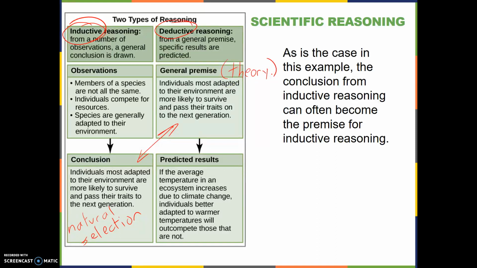So for the deductive reasoning example, the theory of natural selection is used as the general premise to predict results. The predicted results here are: if the average temperature in an ecosystem increases due to climate change, individuals better adapted to warmer temperatures will outcompete those that are not.